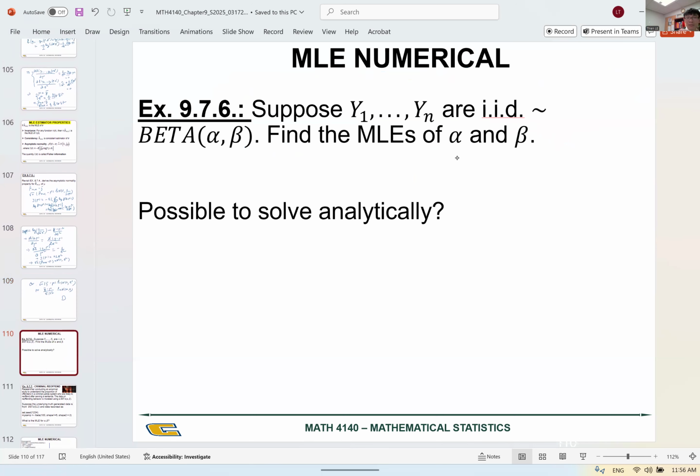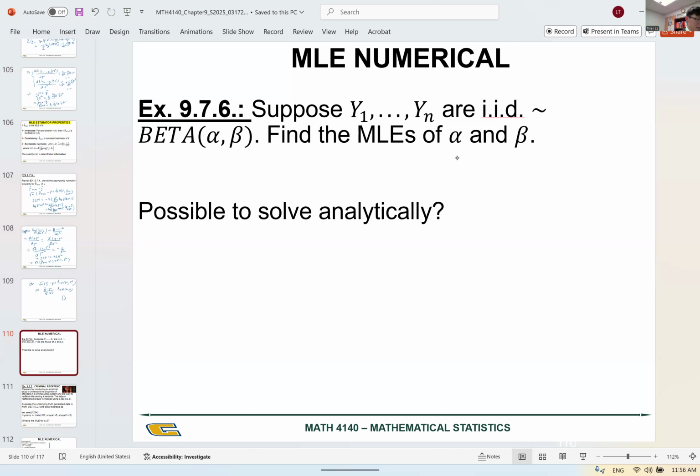So let's look at another specific case, where the MLE does not have a closed form. Briefly, when we found the MLE, we always had some closed form. But now let's say what if your data is from a beta distribution with parameters alpha and beta?